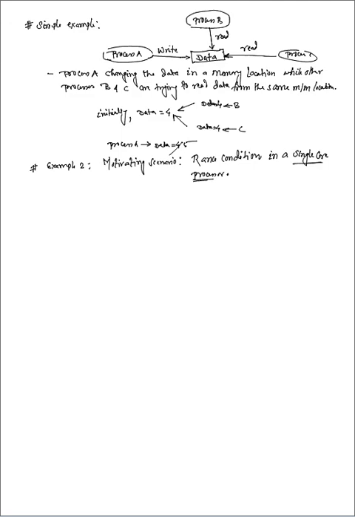Let us suppose I have two processes, process 0 and process 1, having a common shared variable counter, which is an integer type. I am writing some section of code of process 0 and then process 1.